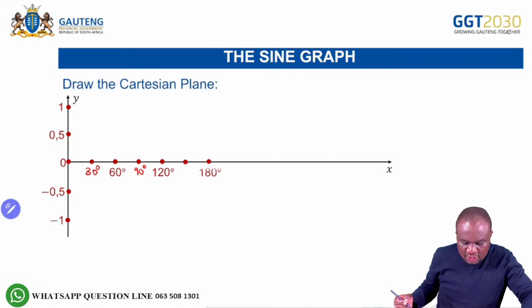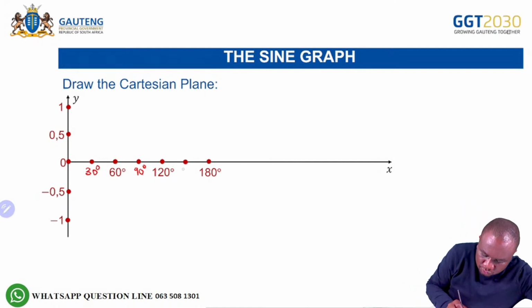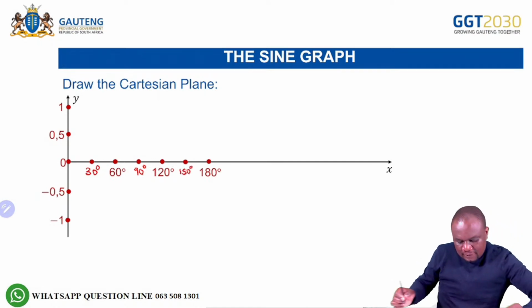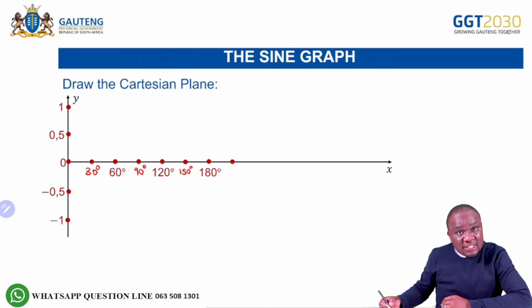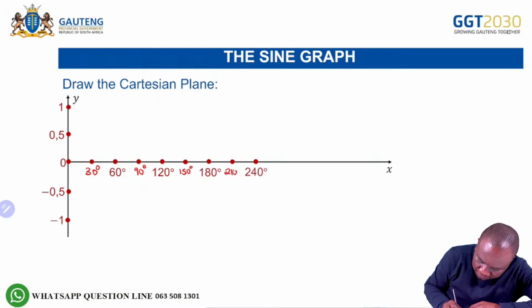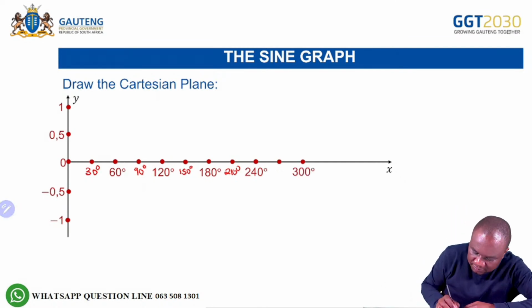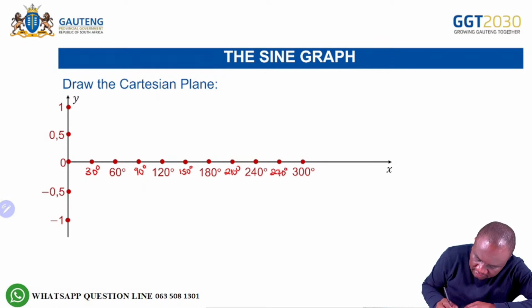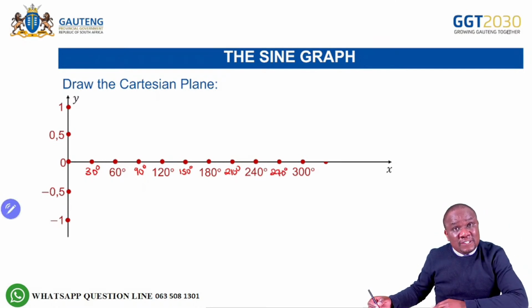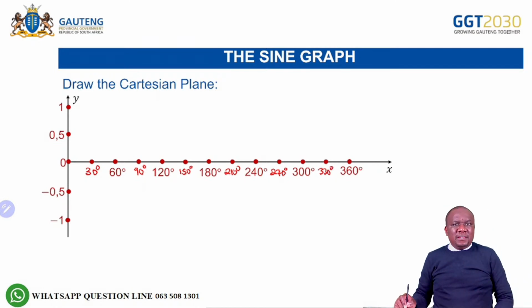We are counting in 30s, so 120 plus 30 is 150, 180 plus 30 is 210, 210 plus 30 is 240, 240 plus 30 is 270, 270 plus 30 is 300, 300 plus 30 is 330, and 330 plus 30 is 360. This is our Cartesian plane.